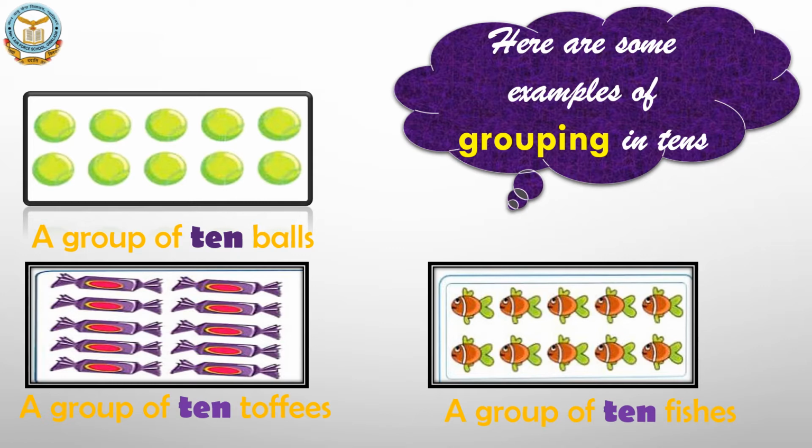When we move to the second picture, 10 toffees are there which are arranged in a group of 10. Then in the last picture, this is a group of 10 fishes. So my dear student, in this way, you can easily make a group of tens of any objects.